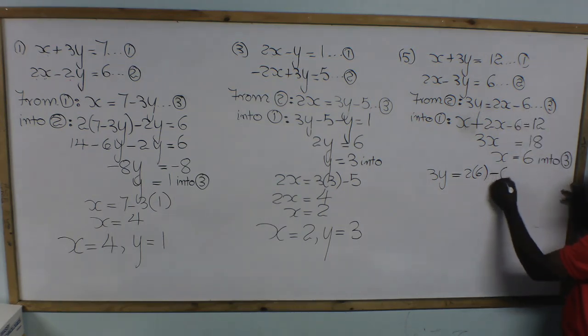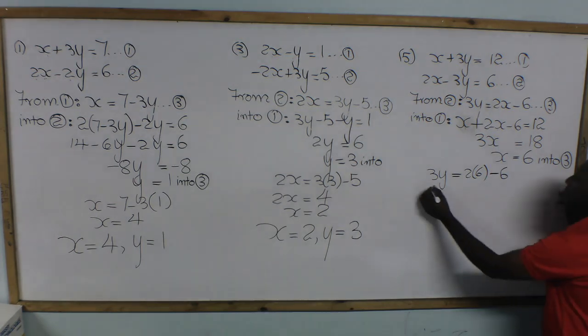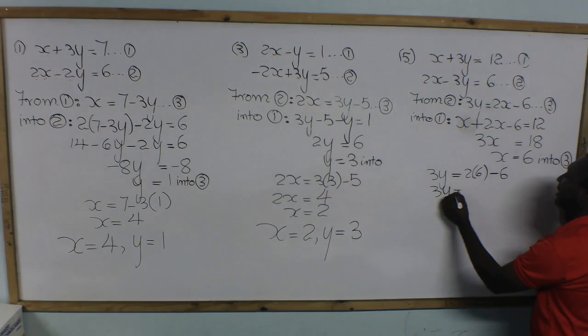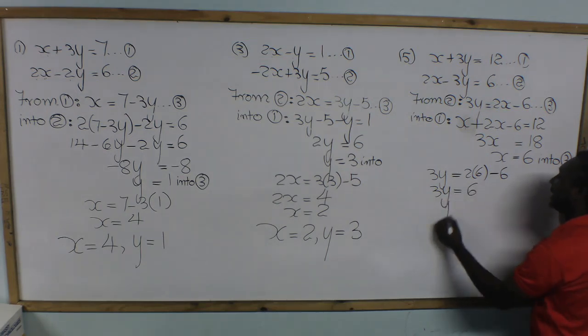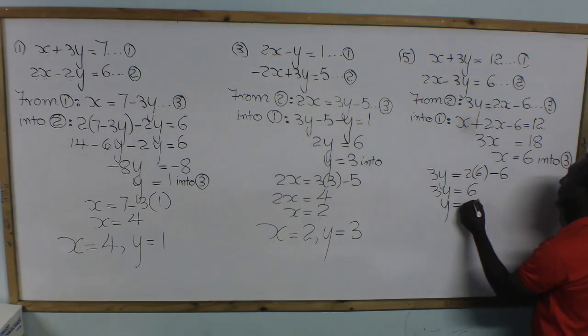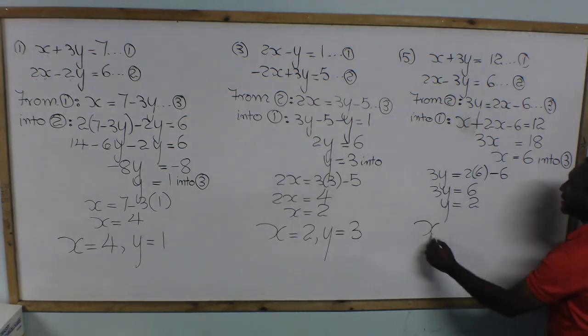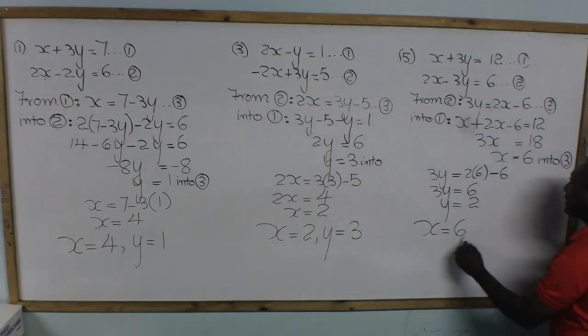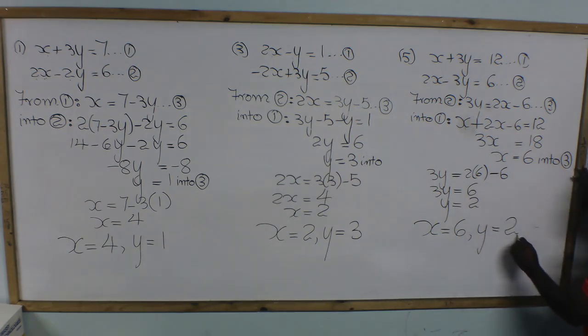So 12 minus 6, that's correct, which is 6. So 3y is equal to 6. So y is equal to 2. So what do we say in the end? X is equal to 6. Y is equal to 2.